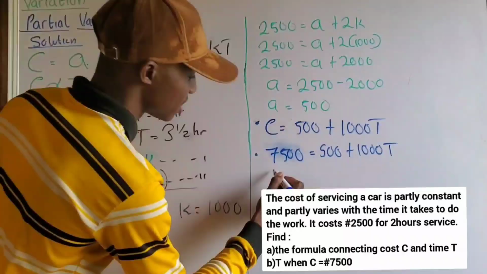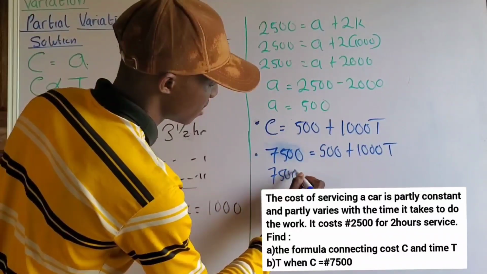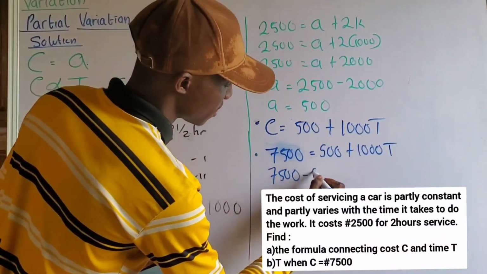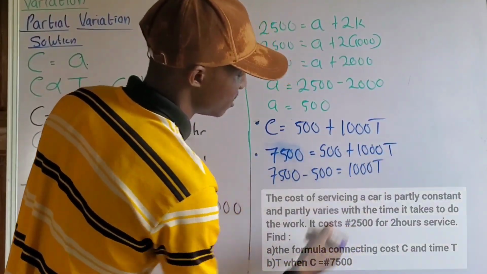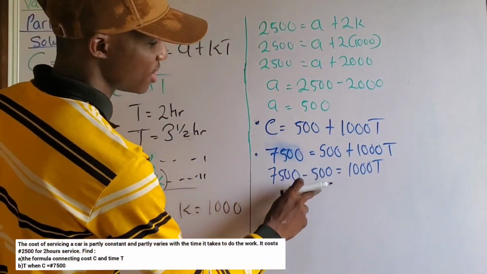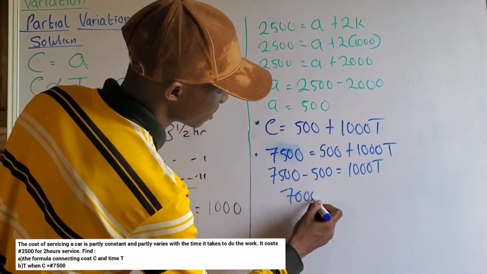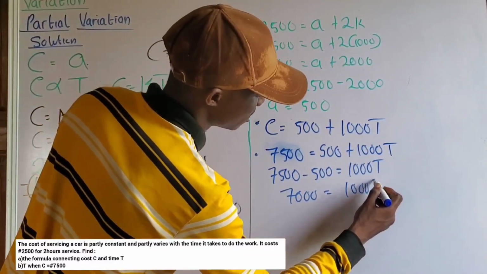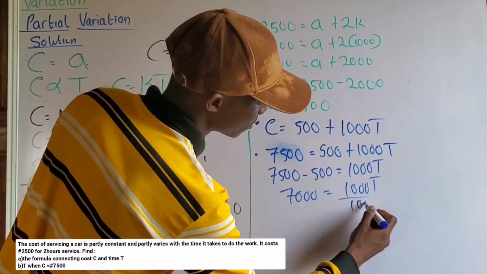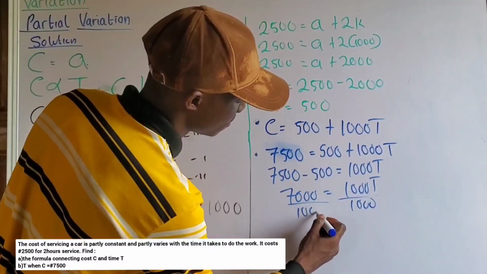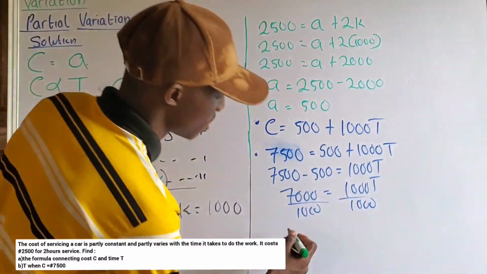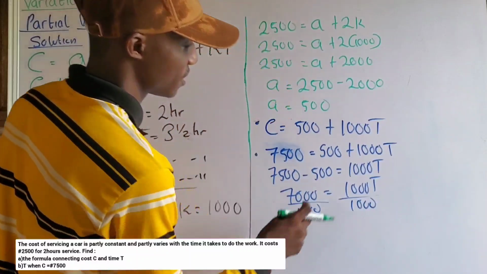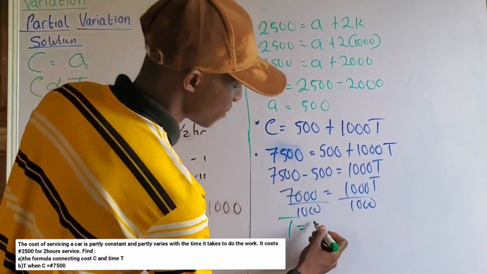I'm going to have 7500 minus 500 equals 1000 T. Yes. So this minus this, I'm going to have 7000. 7000 equals 1000 T. Okay. Divide both sides by 1000 to get the value of T. So I'm going to have T equals 7.